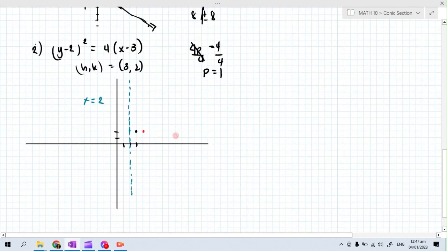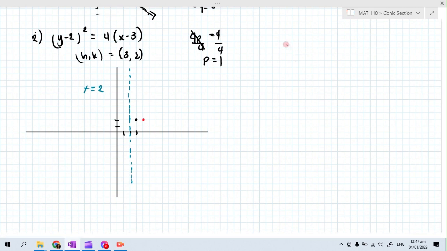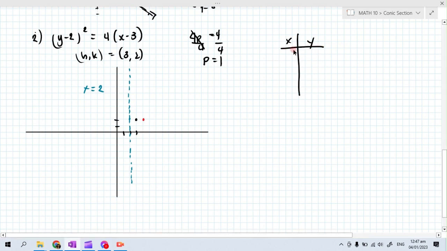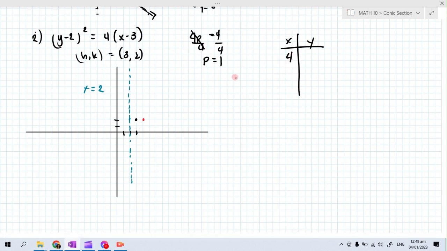Now, just like what we did earlier, we will try to graph our parabola by creating a table of values and plugging in points for accuracy. So let's try solving for y. Let's try x equals 4.